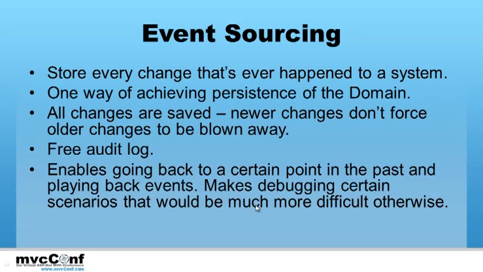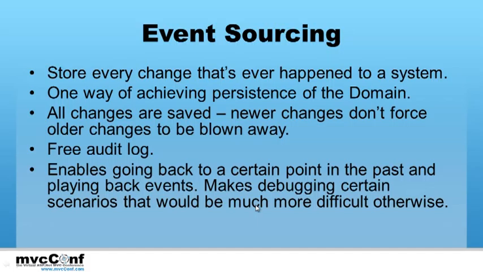When all of the events have been played in sequence, the aggregate root comes up to speed, if you will, and its state reflects the current state of the aggregate root object. Now this might seem slow, and one way around this is to use something called snapshots, which uses a memento pattern to take regular snapshots of the aggregate root object.